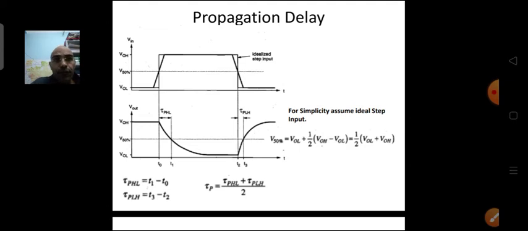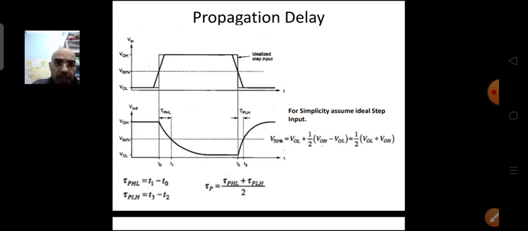Now, let's say you have simulated the circuit and you can directly see this output waveform, then you can also measure the time difference. Let's say the 50% transition time of the output waveform is denoted by T1, and the 50% transition of the input waveform is denoted by T0. Then you can write tau PHL as T1 minus T0.